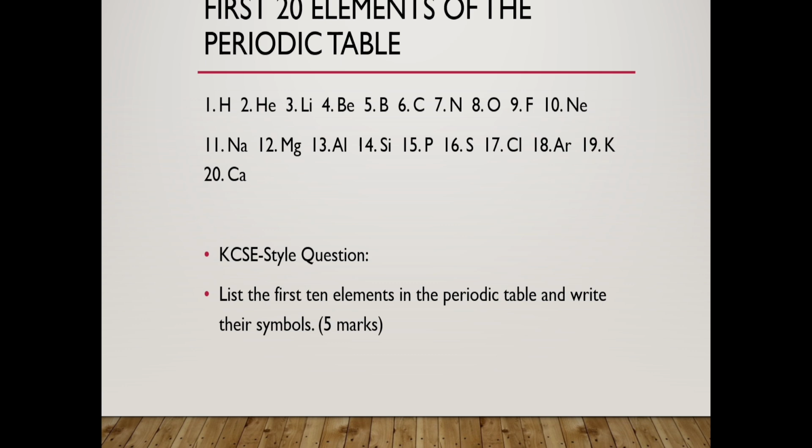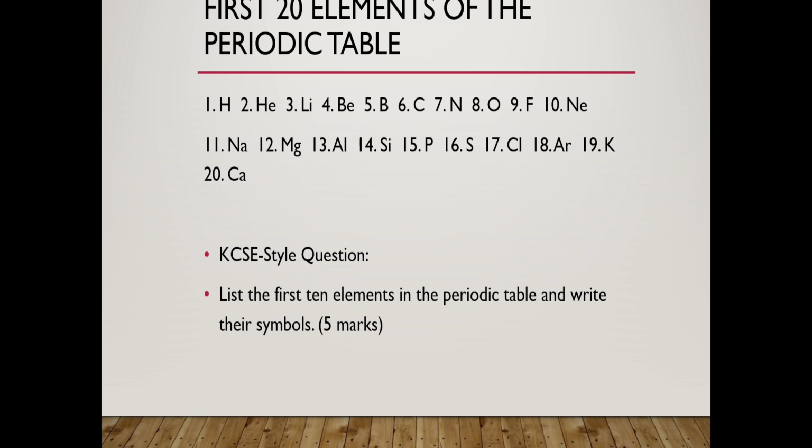So the first 20 elements include the first one being hydrogen, which stands for the capital H, the second one being helium, He, third one is lithium, Li, fourth one is beryllium, Be, fifth one is boron, B, sixth one is carbon, C, seventh is nitrogen, N, eighth stands for oxygen, which is O.